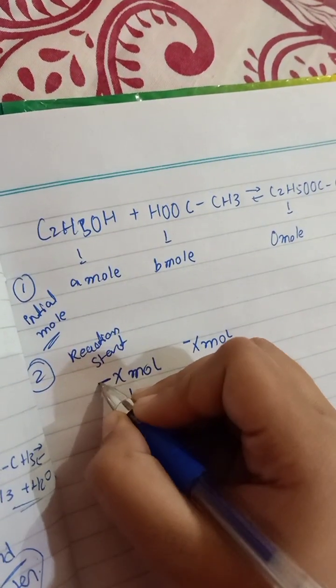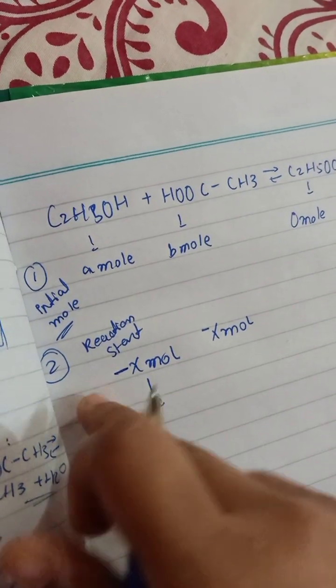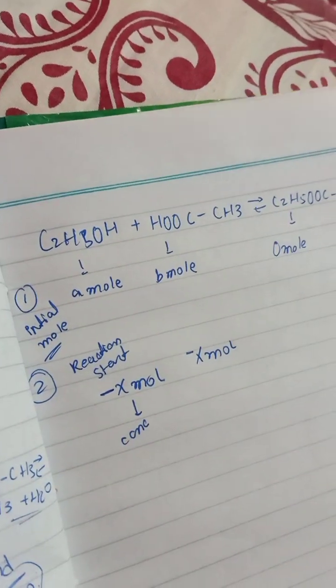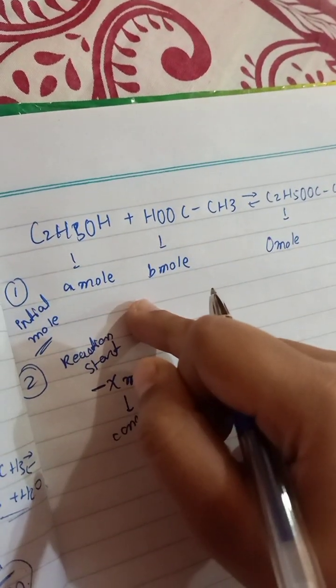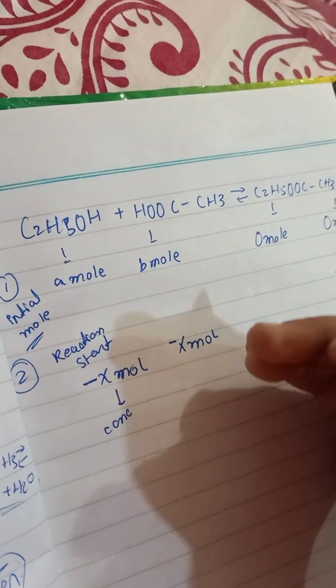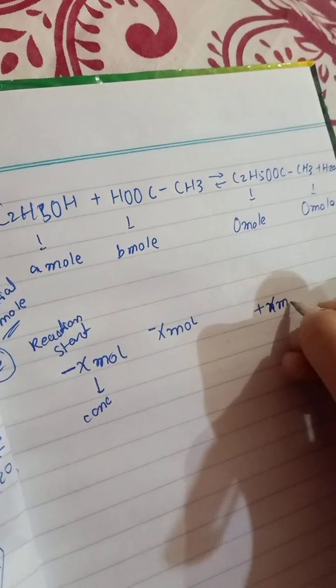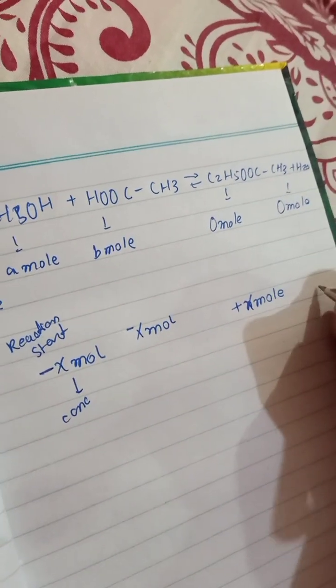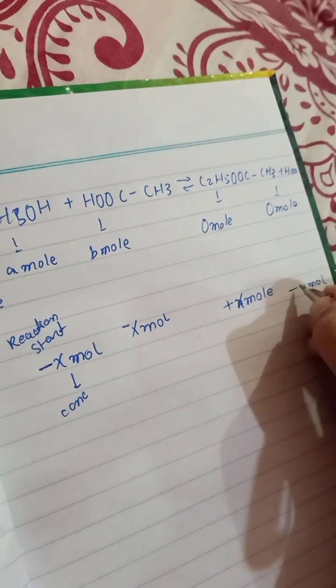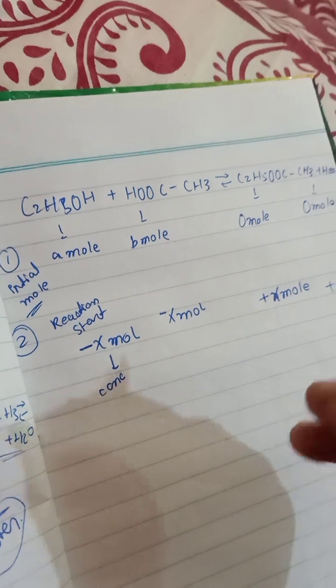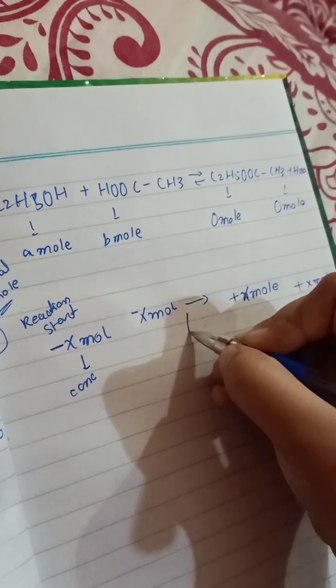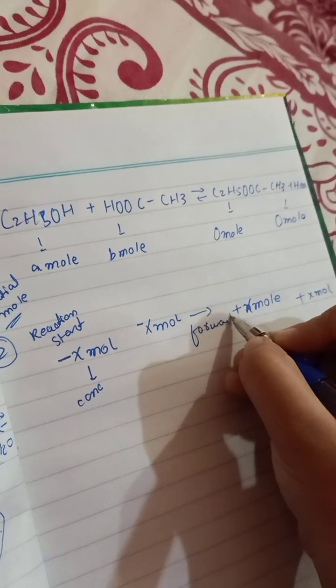So that's why we have taken minus, because the reactant concentration will go down, which means the product concentration will increase. So we can write positive X mole of this and positive X mole of H2O. So the reaction has started and it is a forward reaction.